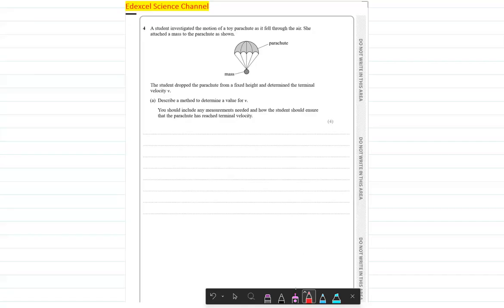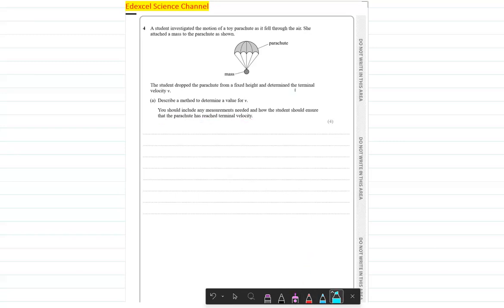So what they're basically asking us is, the student is going to drop this parachute from a certain height, and we need to calculate its terminal velocity, and we also need to ensure whether the parachute has reached terminal velocity or not.